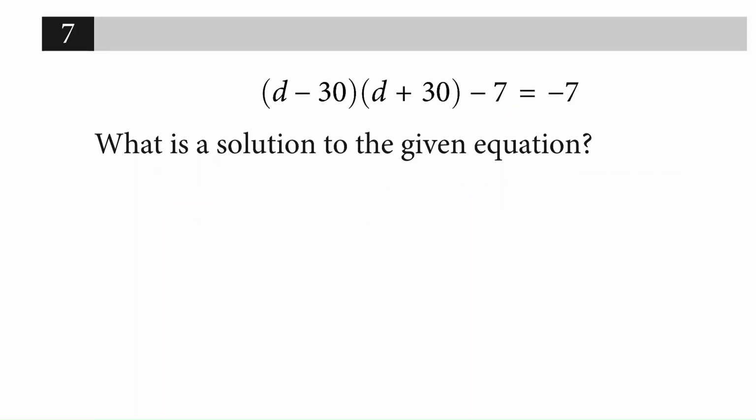On this problem, you'll probably start to think that you have to FOIL this, but actually you don't have to. You can go ahead and add 7 to both sides. So you get d minus 30 times d plus 30 equals 0. This is a factored expression, and by the zero product property, you can set both sets of parentheses equal to 0 and solve for d.